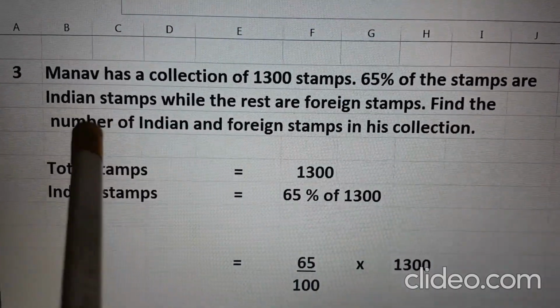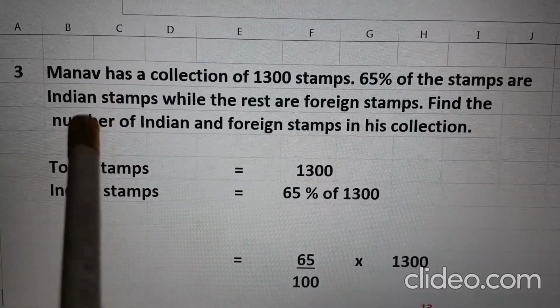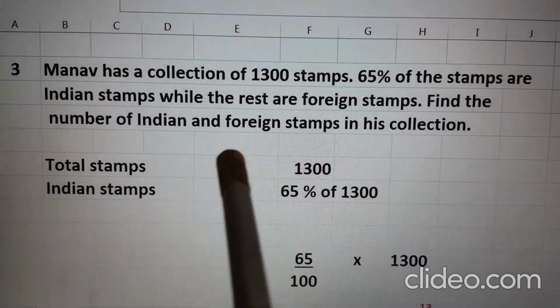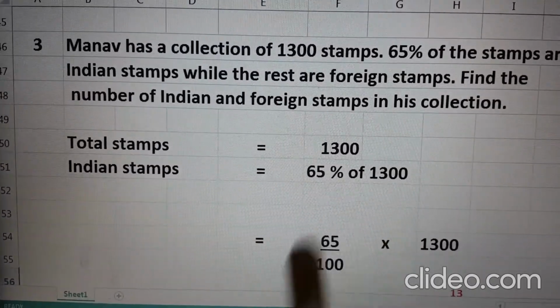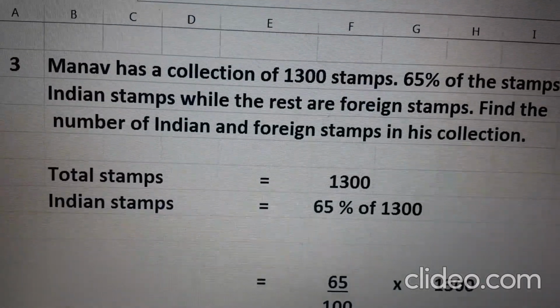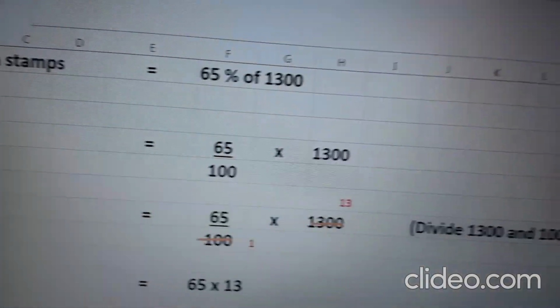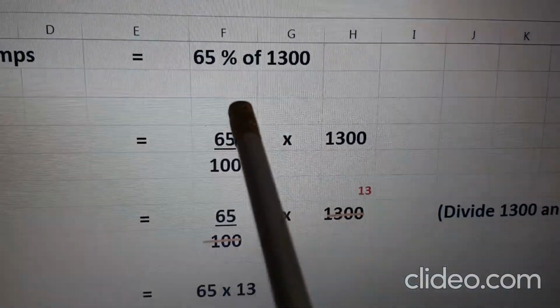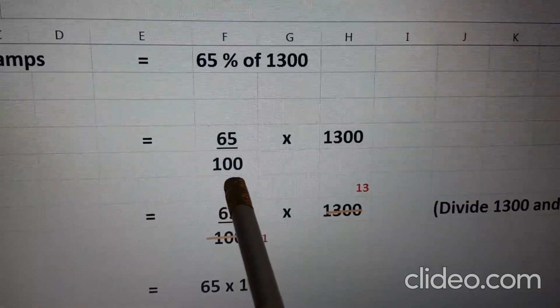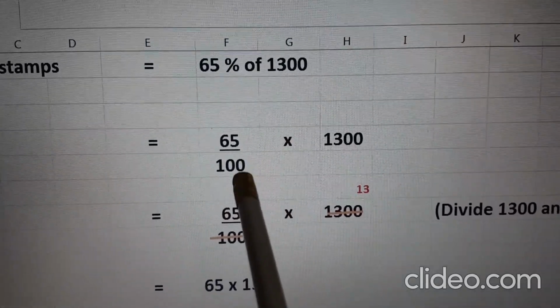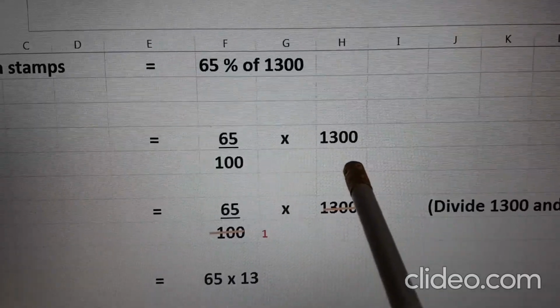So you have to find out how many are Indian stamps and how many are foreign stamps. Let us find out. Total stamps are 1,300. Indian stamps are 65% of 1,300. Now remove sign of percentage, write 100 as denominator, remove of, write sign of multiplication. So 65 upon 100 into 1,300 we have to find out.